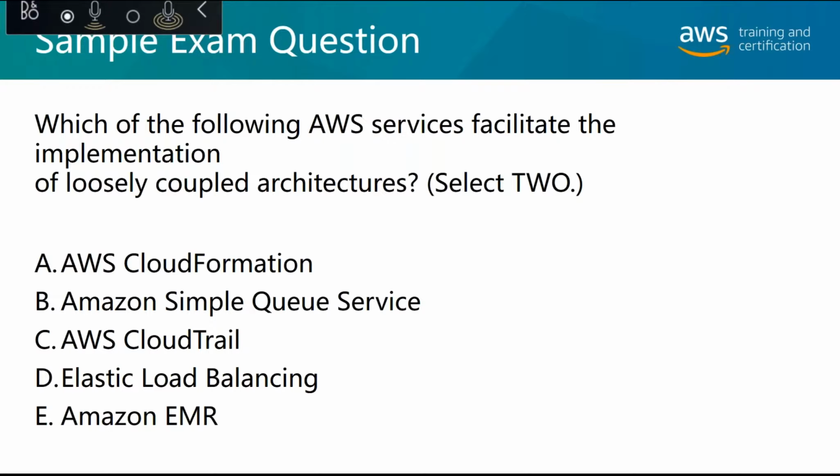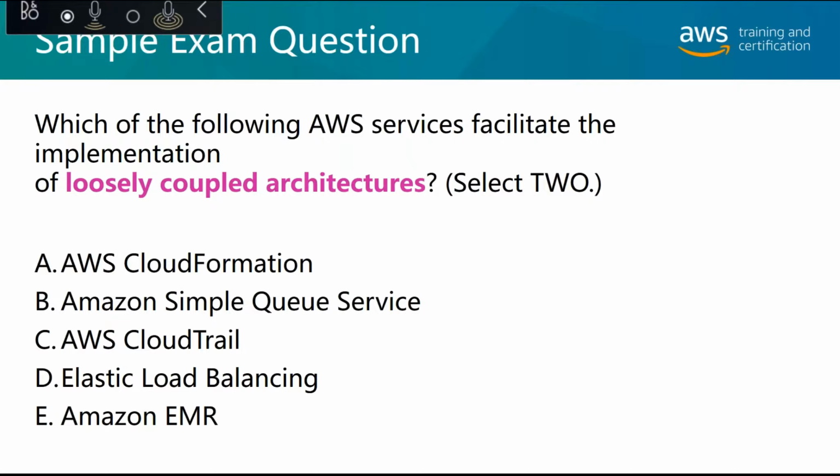It says here, which of the following AWS services facilitate the implementation of loosely coupled architectures? Notice that it says select two options from this list. Loosely coupled is the keyword here. Now, CloudFormation is a service that allows us to automatically provision an environment.